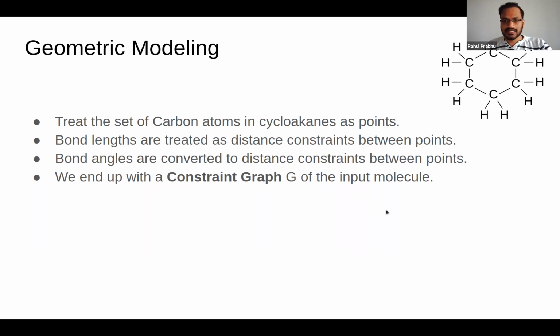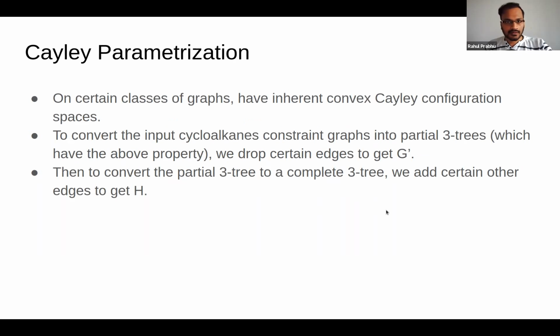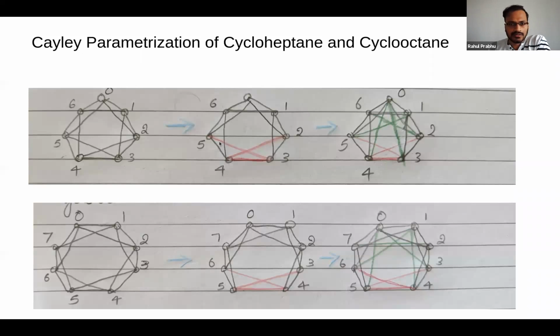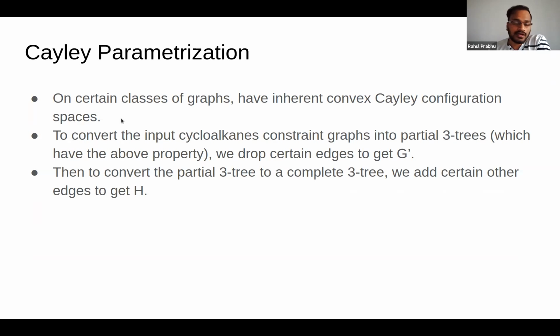And we end up with a constraint graph. Like I talked about earlier, there are certain classes of graphs that admit Cayley configuration spaces. It turns out that these cycloalkane graphs do not have this property.